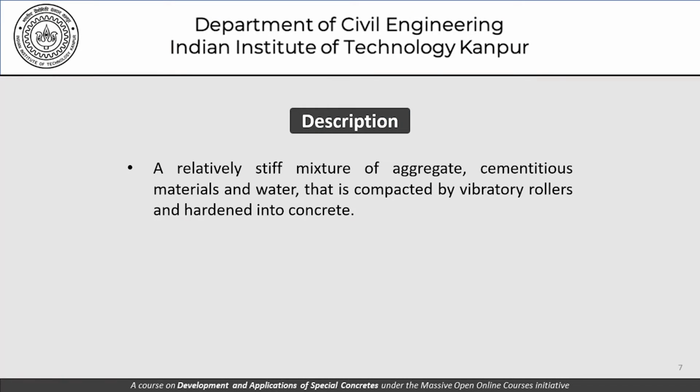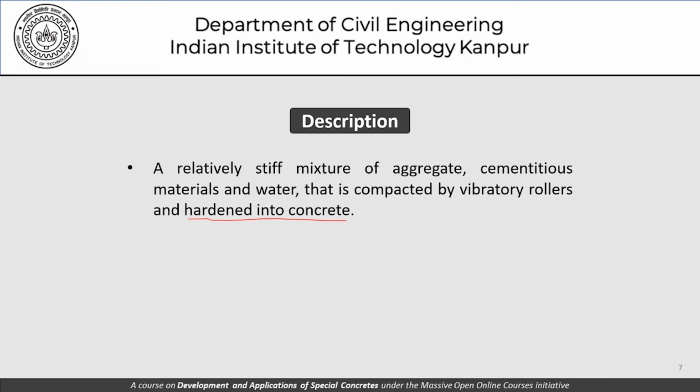As far as the description of this concrete is concerned, I've already said that it's a relatively stiff mixture of aggregate, cementitious materials and water that's compacted by vibratory rollers, and it hardens into concrete. So this hardening into concrete is a regular process.